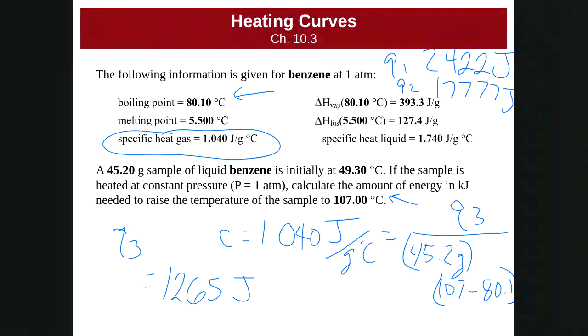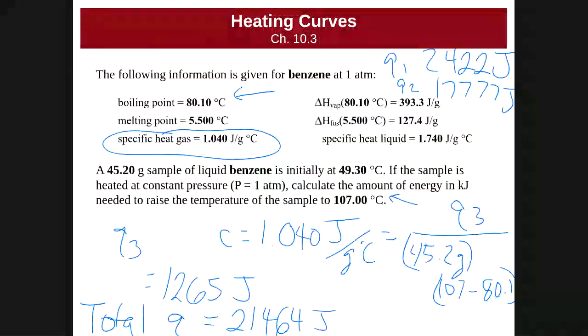So our total amount of energy is going to be all three of these added together. So let's see. We need 2,422 plus 17,777 plus 1,265. So total Q, total heat required is 21,464 joules.